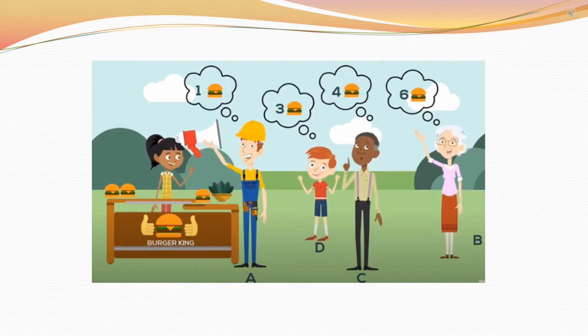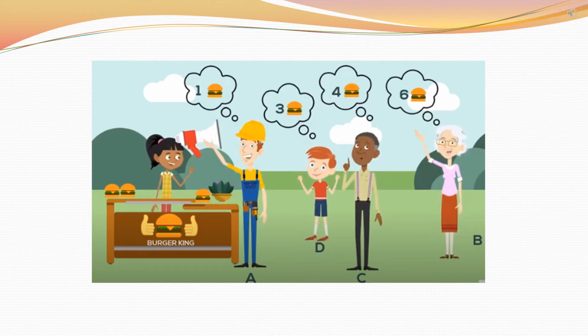So she thinks that she will manage the orders by arranging them by the shortest time-taking order. As the smallest order is one burger, it may take less time, and that's why she will serve customer A first. Then she will serve customer D because he has ordered 3 burgers.